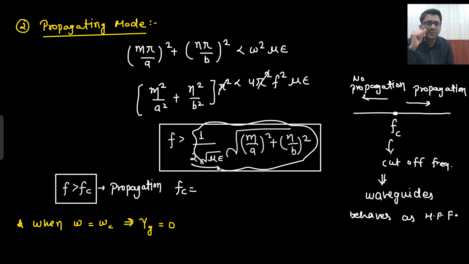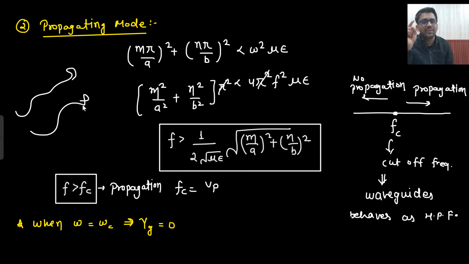This value is equivalent to FC. So 1 by under root mu epsilon, what is that? Phase velocity of a uniform plane wave. Are you getting this point? If our plane wave was propagating in open space, then what would be the phase velocity? That is your Vp. So Vp by 2.